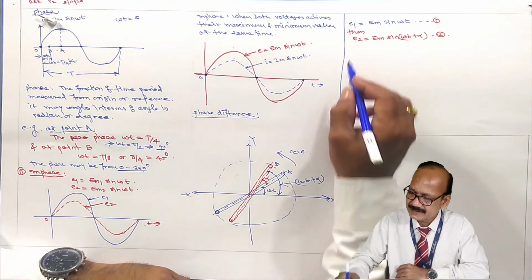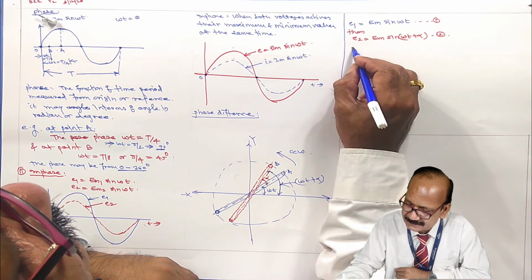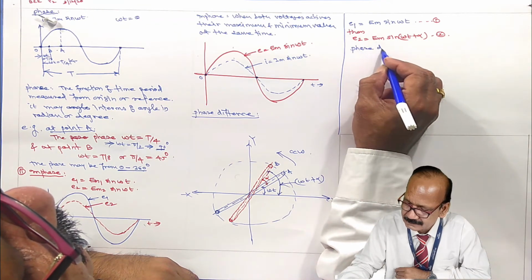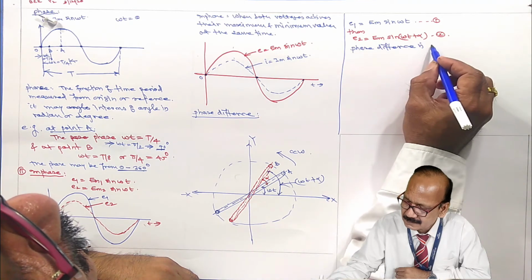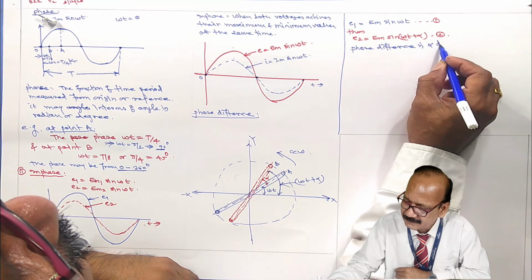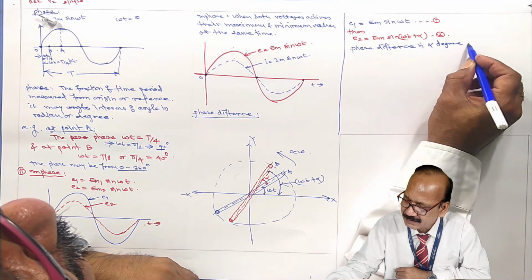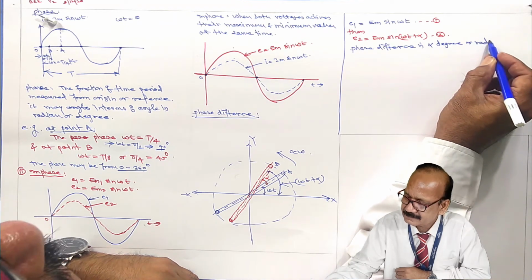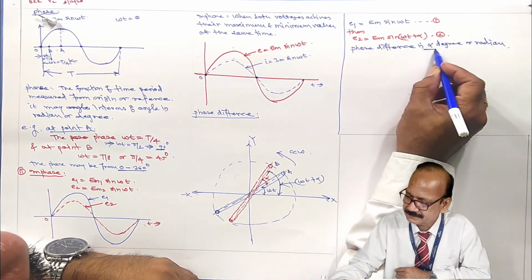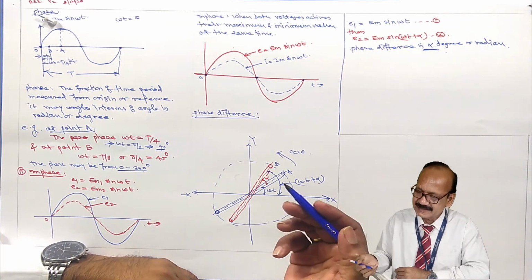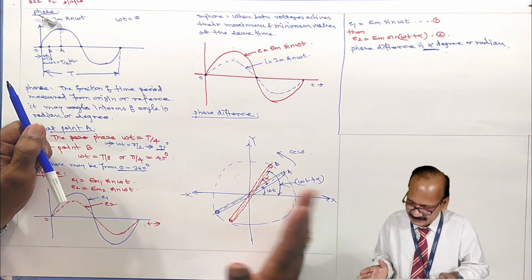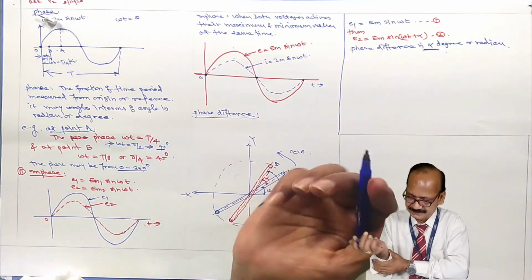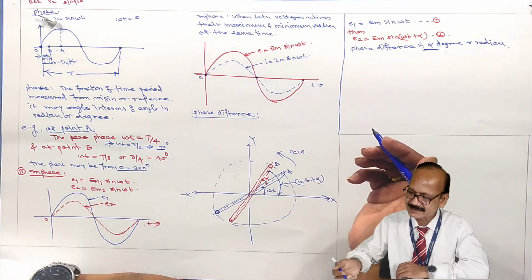And therefore, the phase difference is alpha degree or radian. Now in this case, both the quantities are not achieving their maximum and minimum values at the same time, and therefore they are not in the same phase.